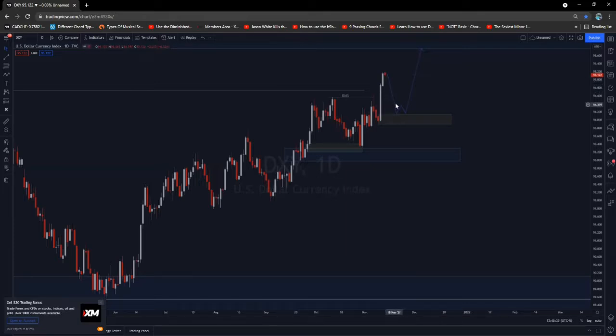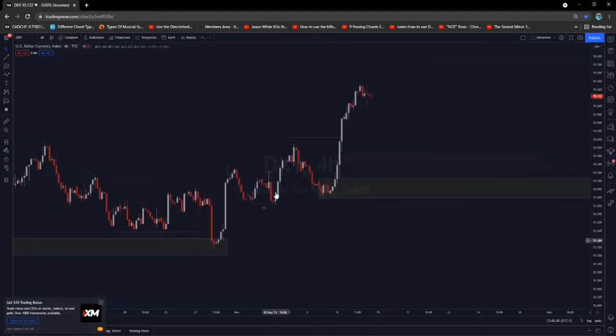So how should it look on the 4-hour? So this is the order block I was talking about. I was expecting the market to go back into this order block, then move to the upside, and this is what the market has done. Right.